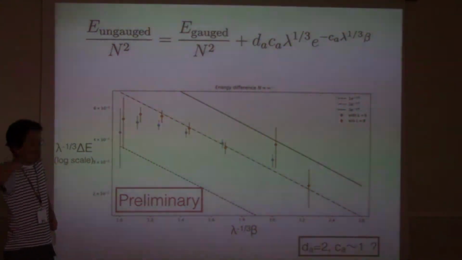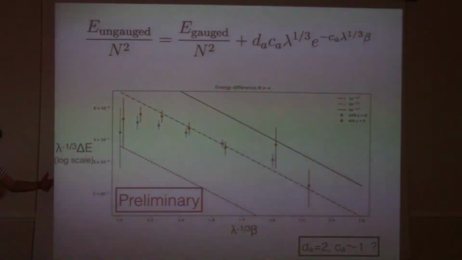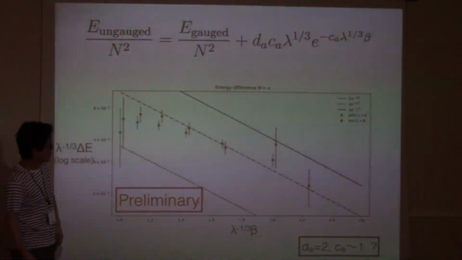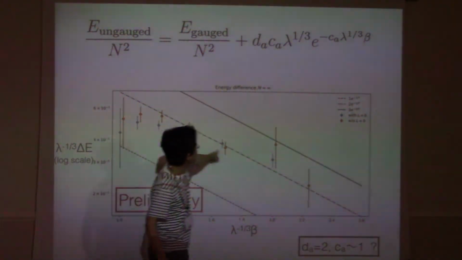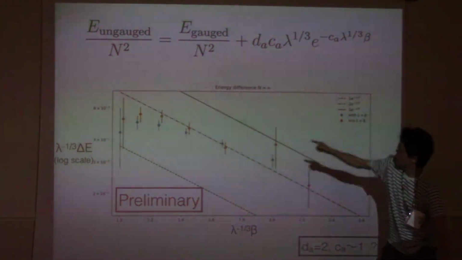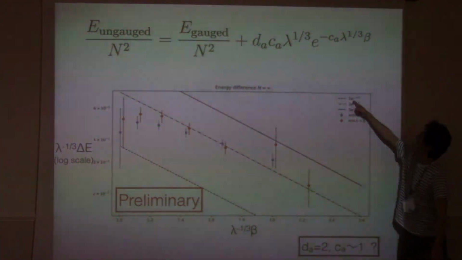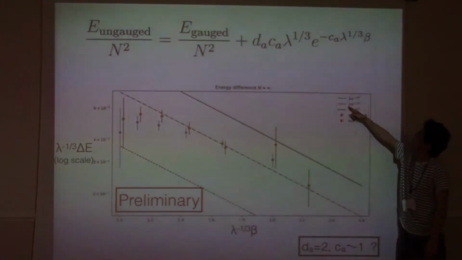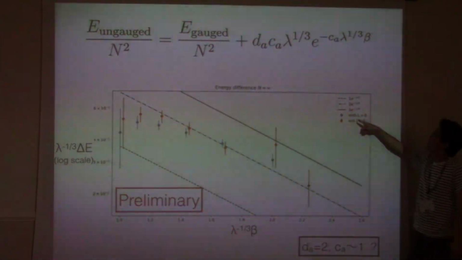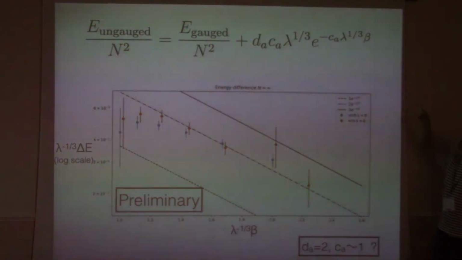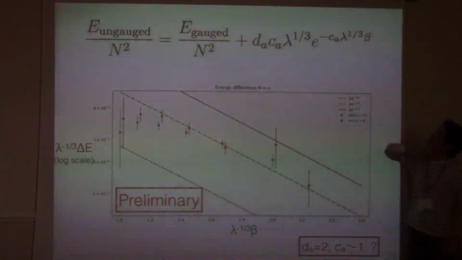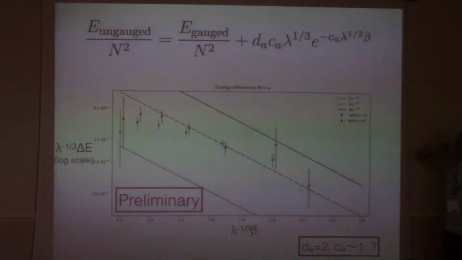It counts the number of states of adjoint. And so here we have 3. This is a log plot, and we have 3 curves: 1 times exponential minus 1 over T, and 2 times exponential minus 1 over T, and 3 times exponential minus 1 over T. It turned out if we numerically fit it, actually D should be 2, and C should be almost 1.